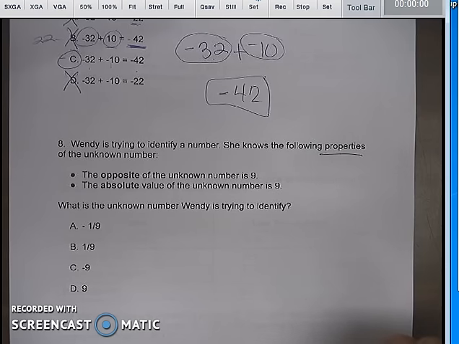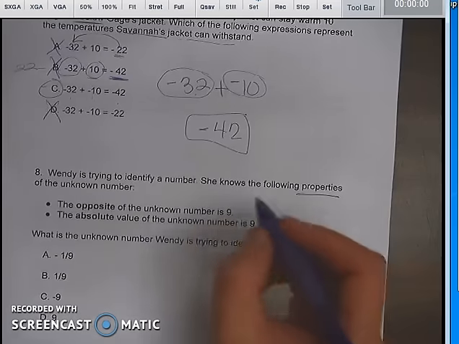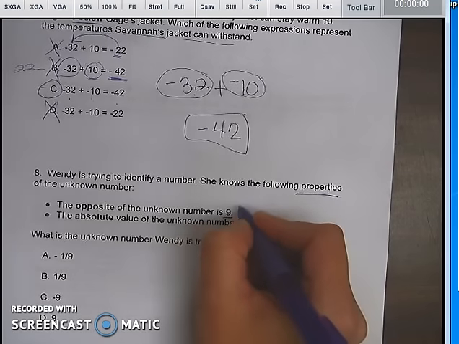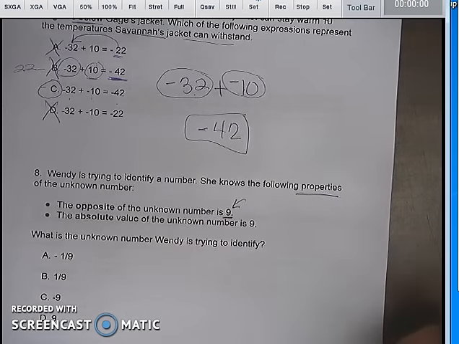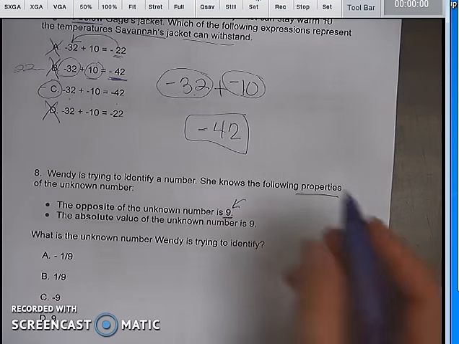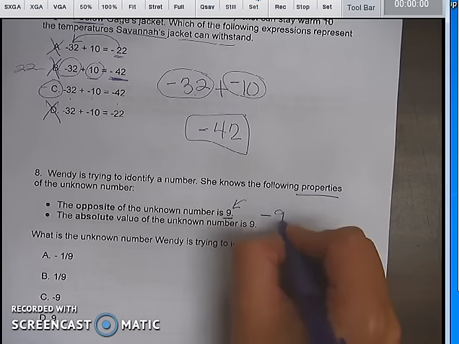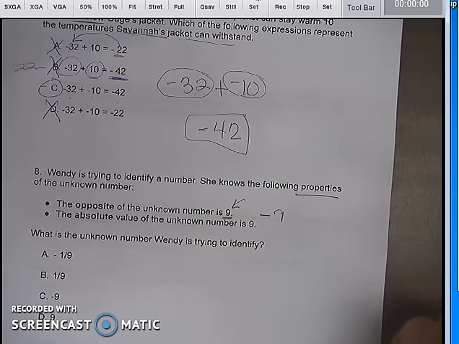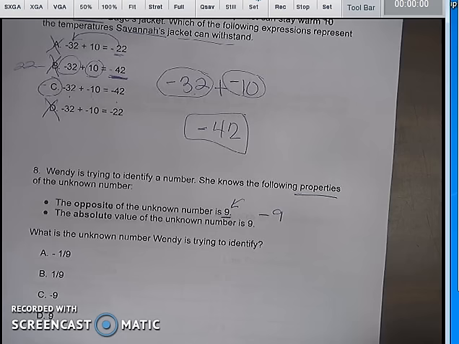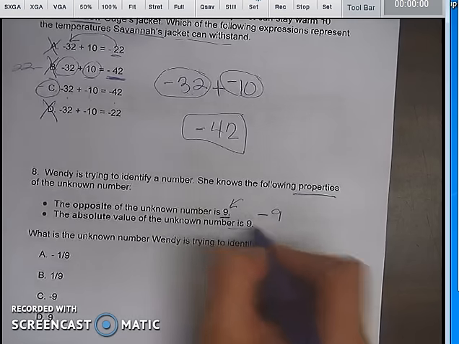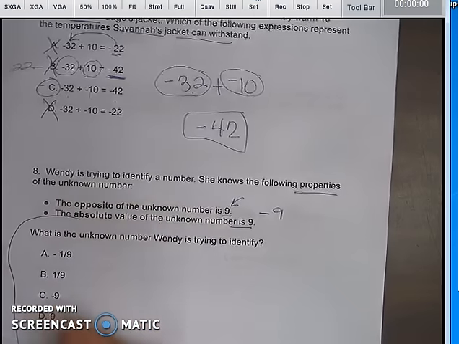The opposite of the unknown number is 9. So if the opposite is 9, what is the opposite of this 9? Well, opposite is a number, if it's positive, the opposite of it is negative. So that would be negative 9. And then this one says the absolute value of the unknown number is 9. Well, what do we know about absolute value?